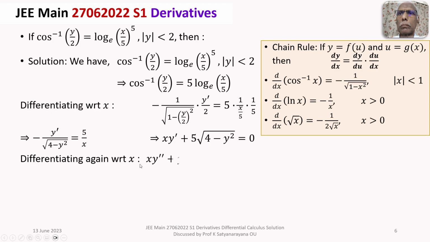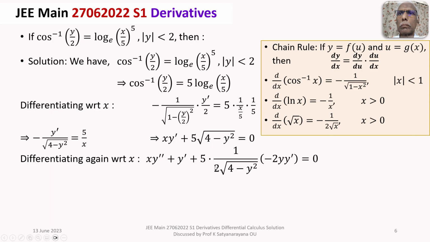So this will be x y double prime, first function into derivative of second, plus y prime into derivative of x, which is 1, plus 5 times 1 by 2 under the square root of 4 minus y square, and 4 minus y square with respect to x is minus 2y prime. This is the result here.